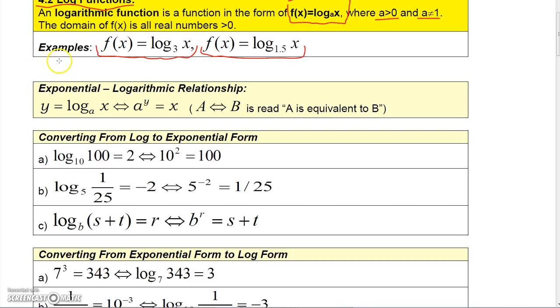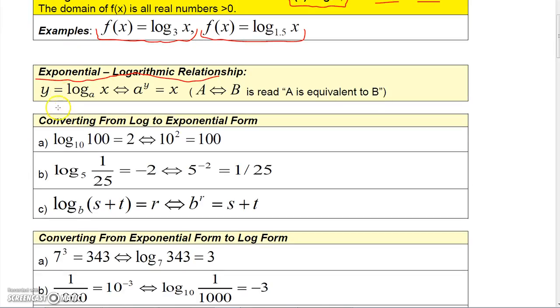The key to really understanding what a log represents is to know this exponential and log relationship. If you have a relationship that says y is equal to the log of x base a, then that is equivalent to saying a to the y equals x.